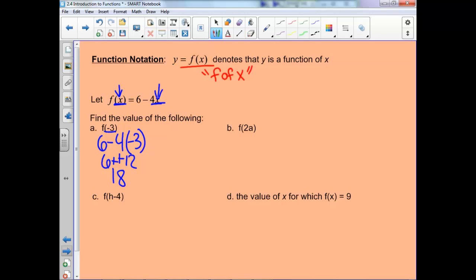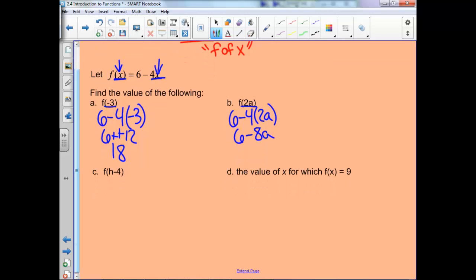The second one, still when we see x, we'll plug in 2a, so we'll have 6 minus 4 times 2a, and simplify what you can. 6 minus 8a. They're not like terms, so we cannot simplify anymore. Next up, instead of x, we have h minus 4.